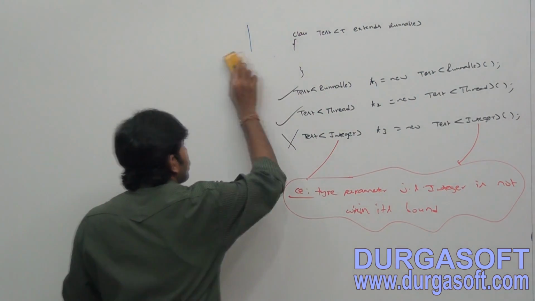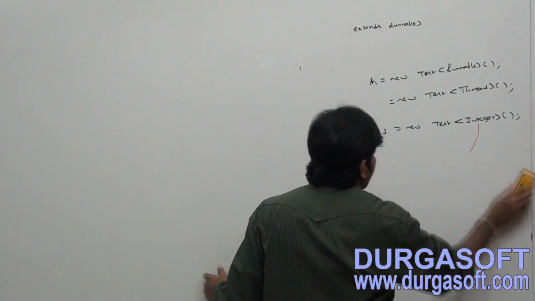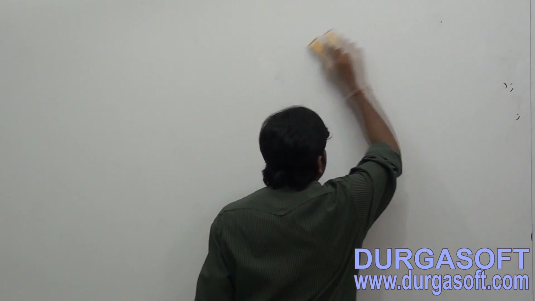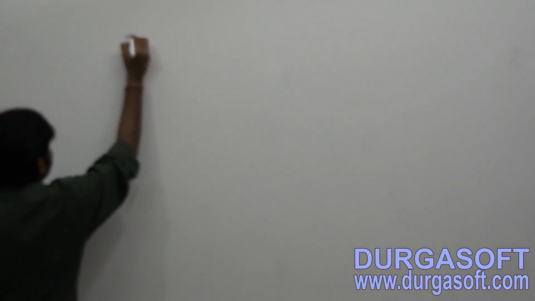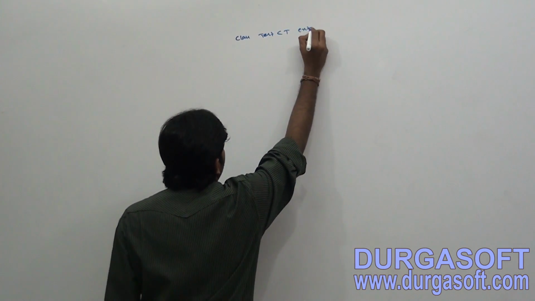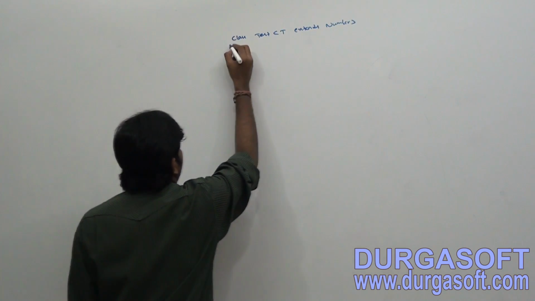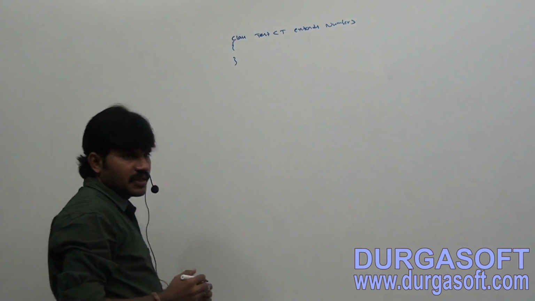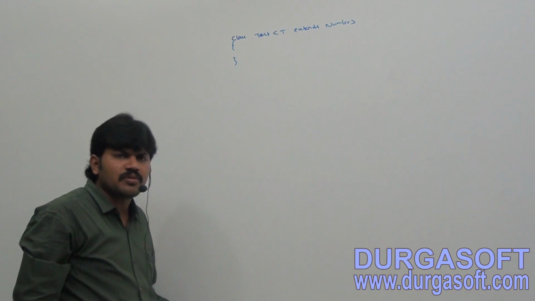Now listen. Here still I can extend this bounded type. Sir, here just observe, class Test<T extends Number>. Can you tell which type parameter is allowed?